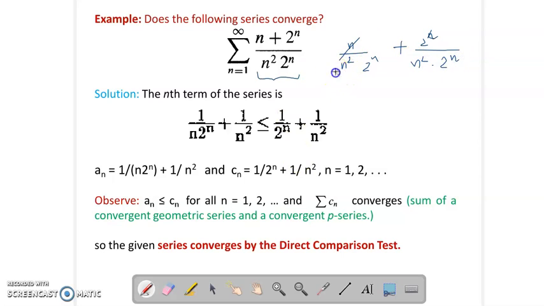So the first term is 1 upon n into 2 to the power n, and the second term here is 1 upon n square. Now this is the nth term of the given series.